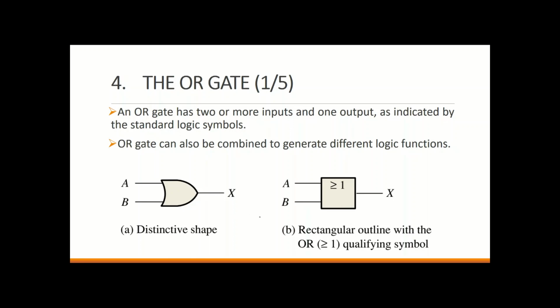This is the distinctive shape. If you would like to check the rectangular shape, you will find it this way for AND, with an ampersand, and this one with greater than or equal to 1. Well, this one is not popular, however, you may see it or face it, so you need to be aware of what it is, okay?